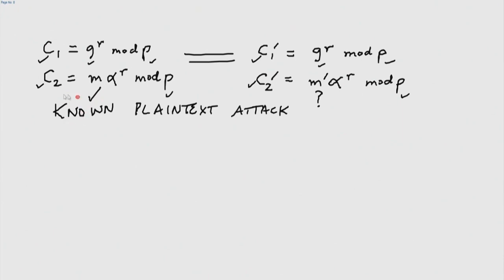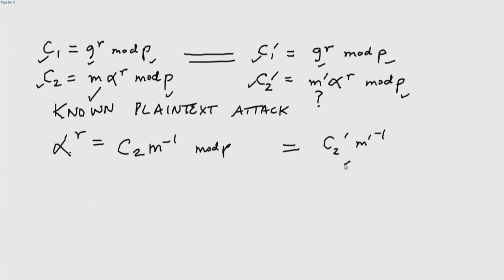So if I look at this equation, C2 is equal to M times alpha to the power of R mod P, and this alpha raised to the power of R is the same thing. So I can write down from here alpha raised to R is equal to C2 M inverse mod P. And this is the same thing as looking at this thing, alpha raised to R is C2 prime M prime inverse.